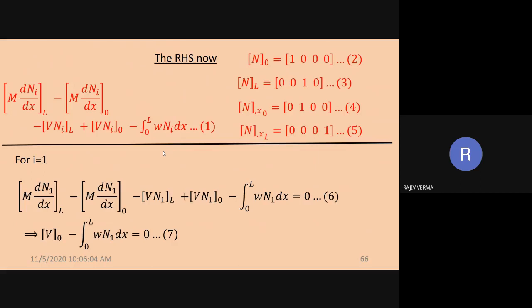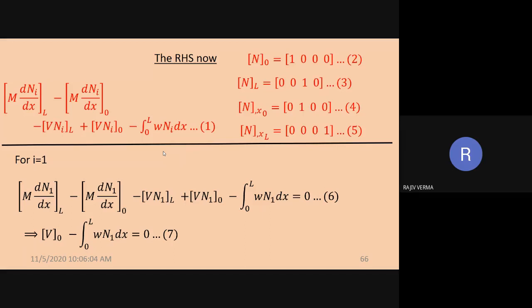Similarly, dn1 by dx at x equal to 0 is going to be found from equation number 4. This also is going to be 0. Coming to the third term, which has n1 evaluated at x equal to L, this is going to be found from equation number 3, which itself is 0. And the last term, the value of n1 at x equal to L, is going to be found from equation number 2. In fact, it is 1.